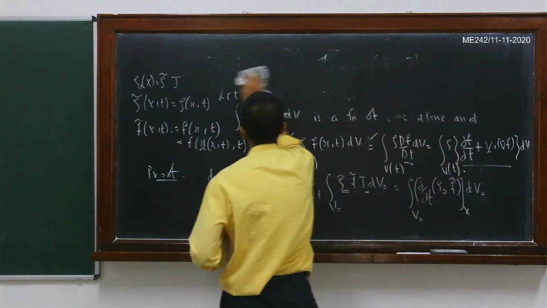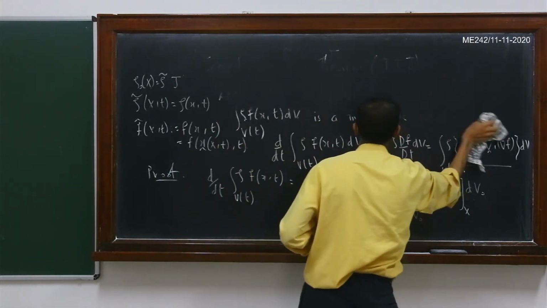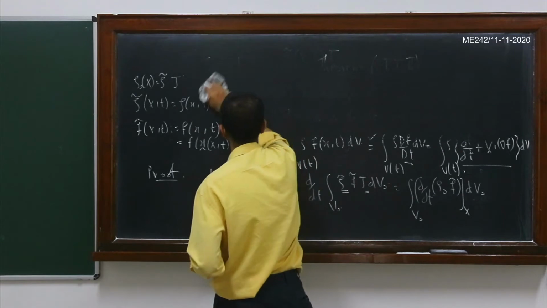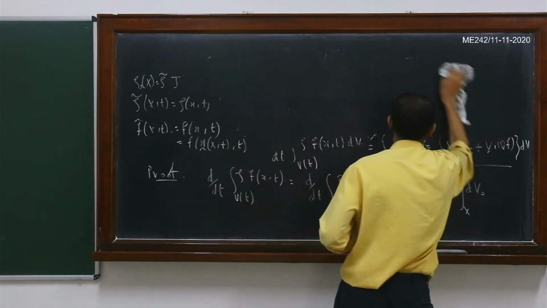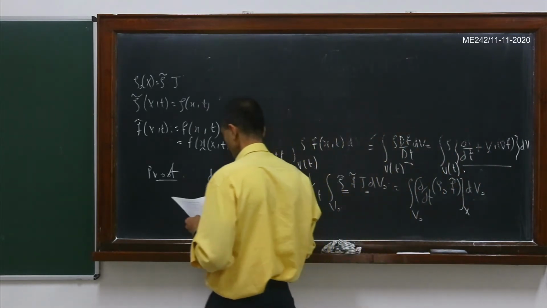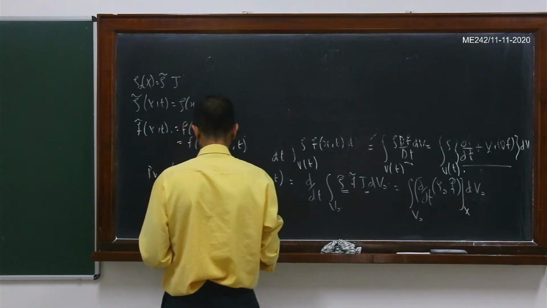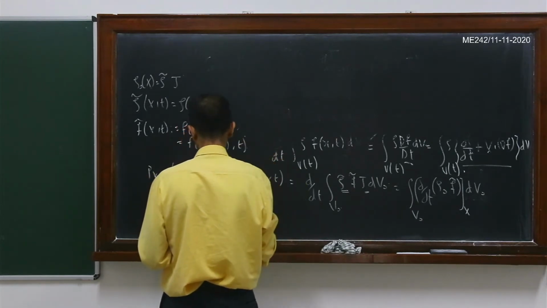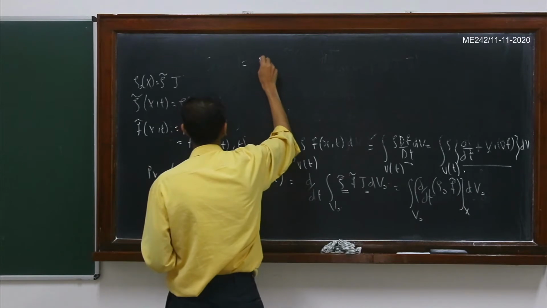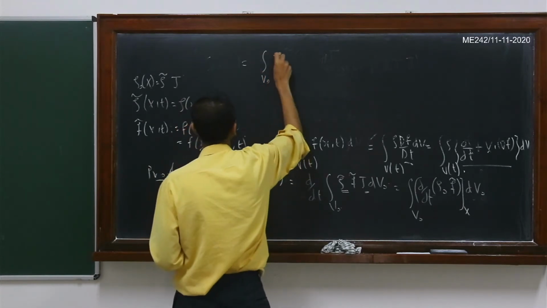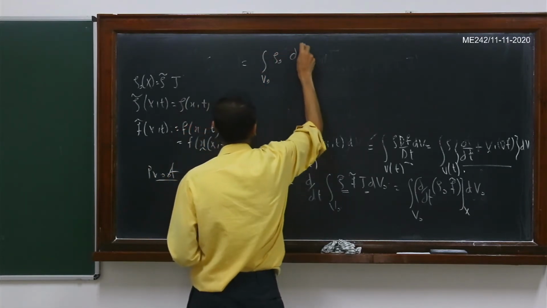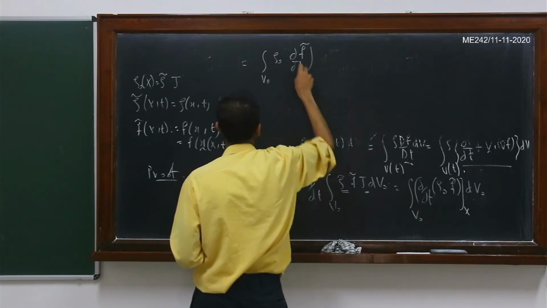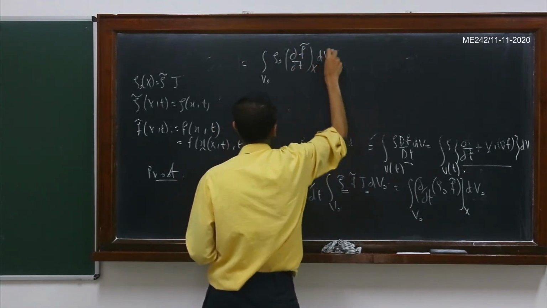So what we'll get is, this is equal to the integral over v naught of rho naught times del f tilde by del t, keeping capital X fixed, times dv naught.